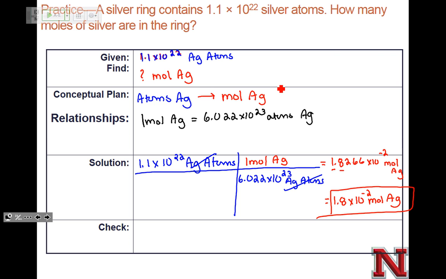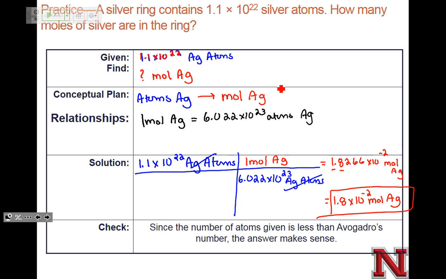Anytime you're using a relationship, if you're following your units, you won't make a mistake. So make sure you're writing your units down. It'll really help you, especially as we get more complicated. So as far as checking that, the number of atoms given is less than Avogadro's number, so that answer makes sense that it would be a small number.